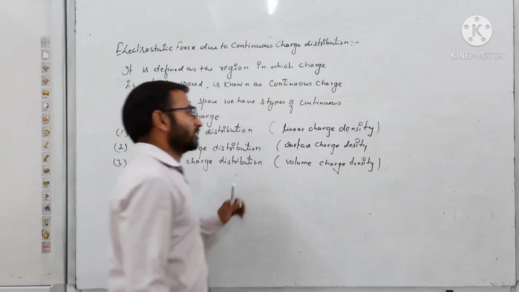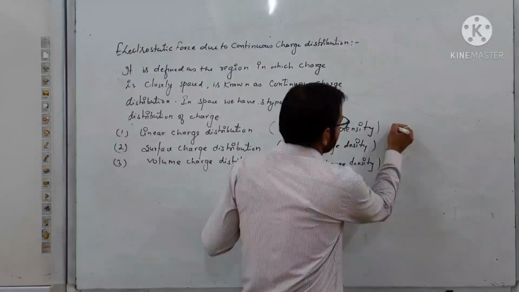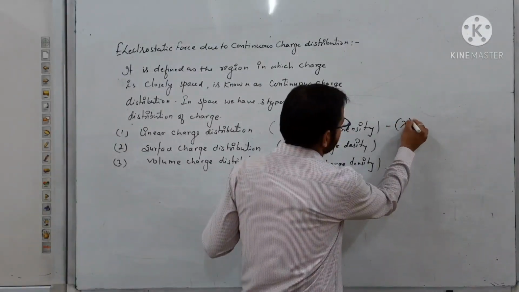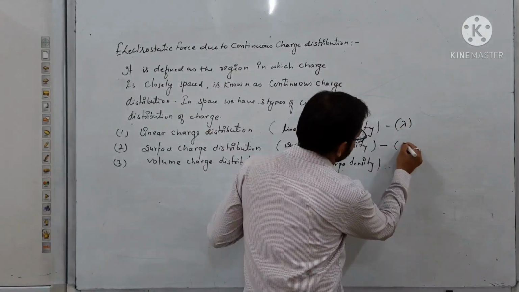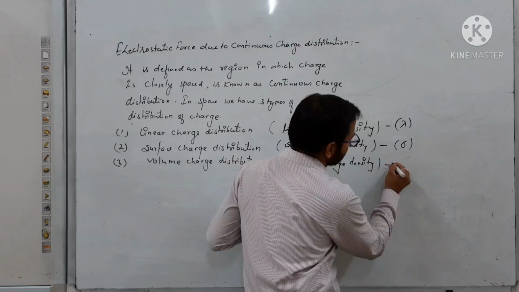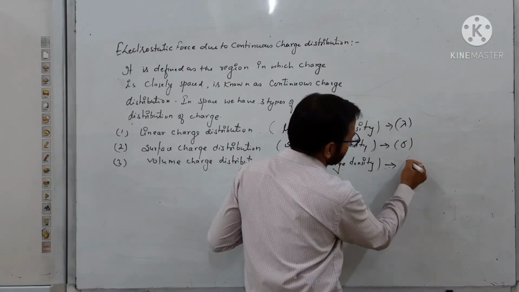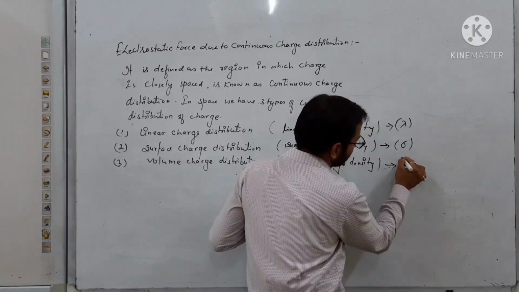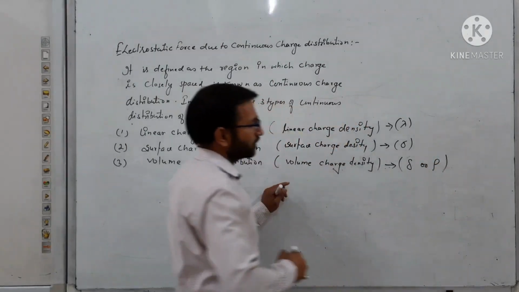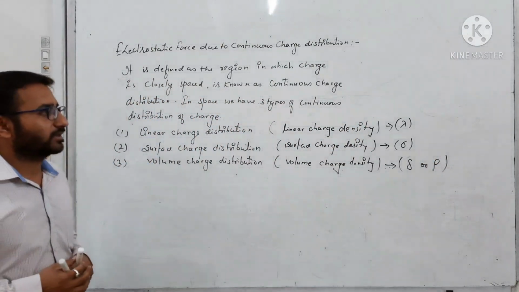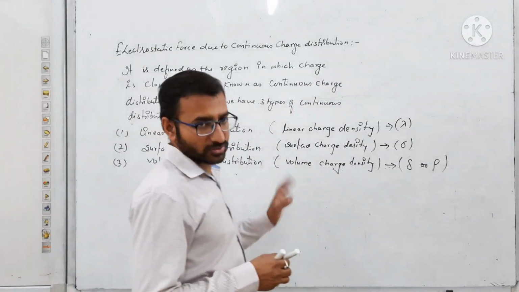The symbol for linear is denoted by lambda, the symbol for surface is denoted by sigma, and the symbol for volume is denoted by rho, sometimes del. So these two symbols you can see here.